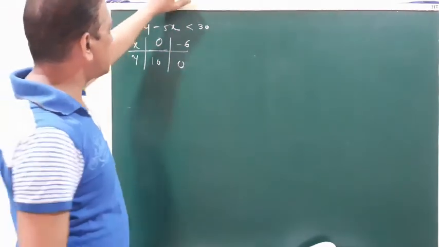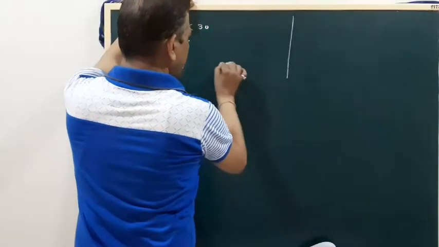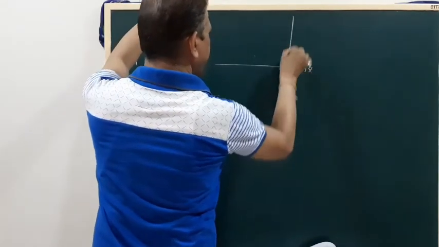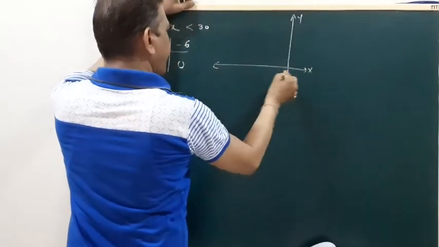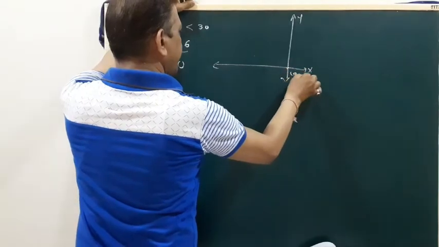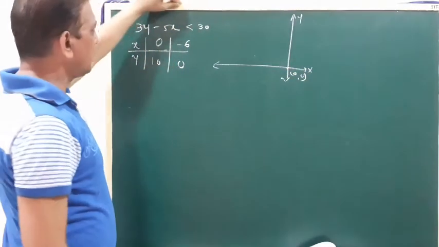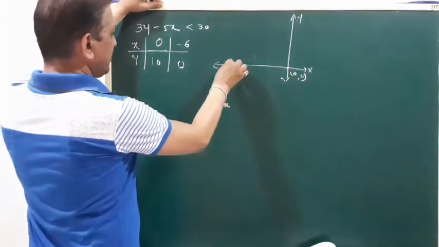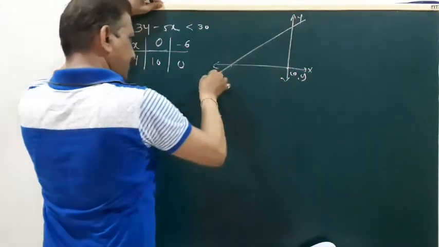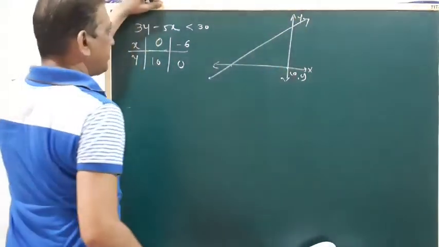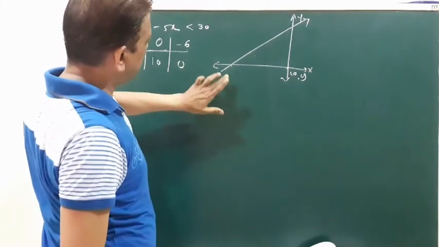Here the x coordinate is minus, so it is on the left side of the x axis from the point 0, 0. Now minus 6, 0 is here and 0, 10 is here. Draw the graph, less than.